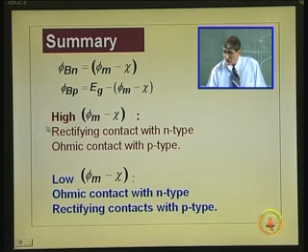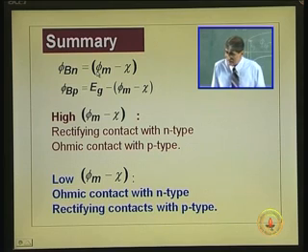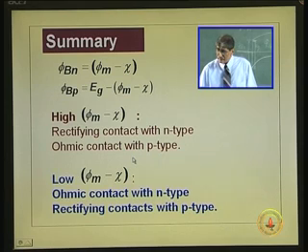So, that would tell us phi b n should be large for a rectifying contact in the n type material. That straight away tells us that phi m minus chi should be larger.